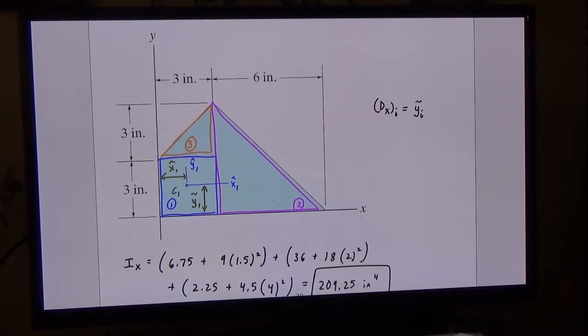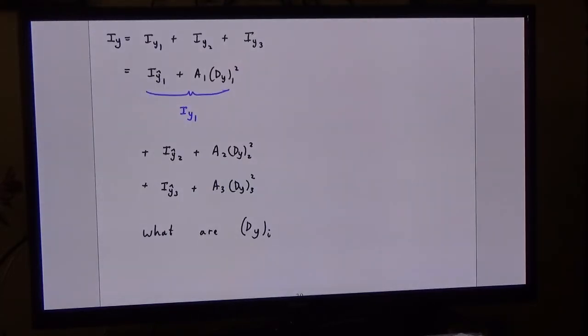So for our dy, it's just going to be x tilde for the part. So substituting in all the expressions for x tilde here, the I about the y's that we've already defined, and A, check and make sure that we get I about y equal to 533.